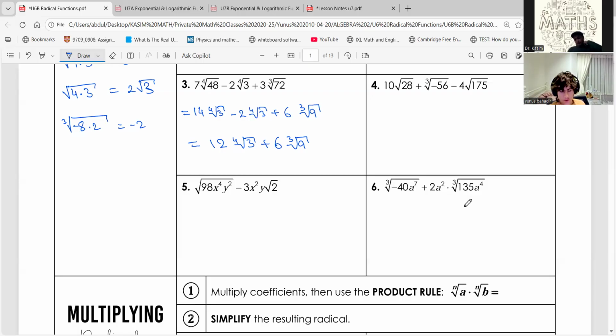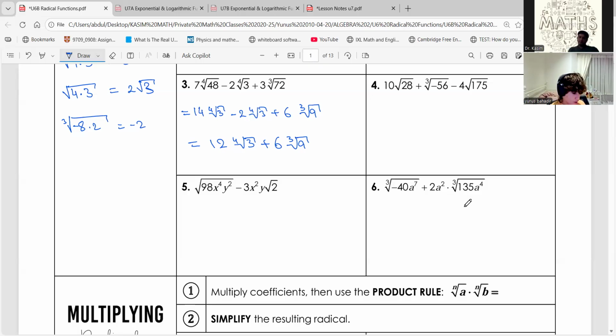I don't know what to do with the 175. 175, 7 times 25. Okay, that works. Okay.